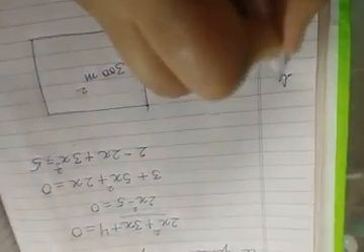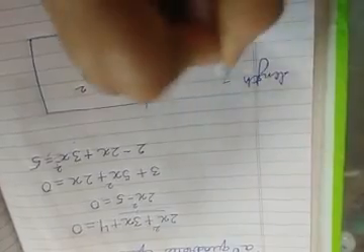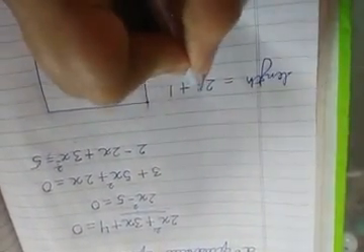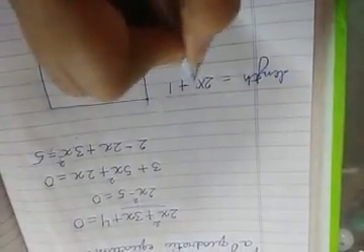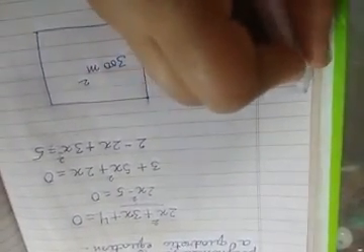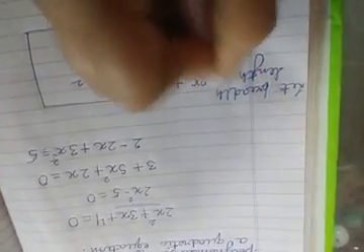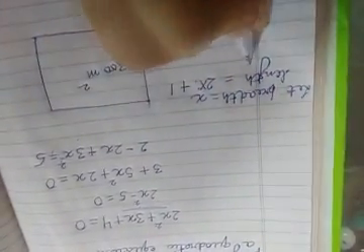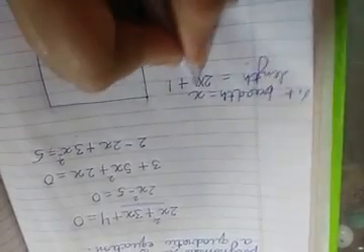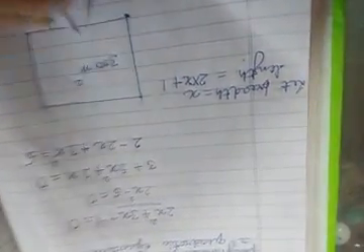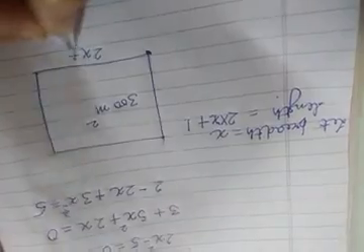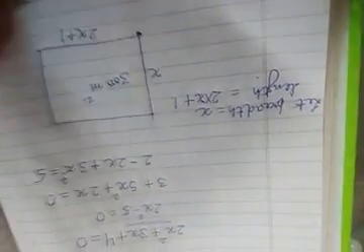Length is 1 more than twice its breadth. So firstly, let us suppose the breadth is equal to x. So the length will be 2x plus 1 and the breadth will be x.